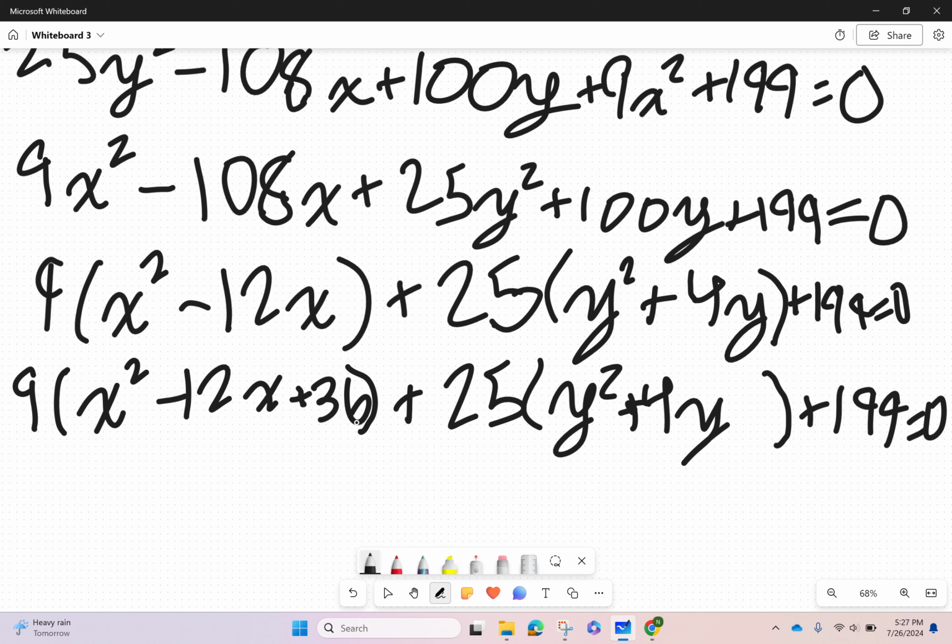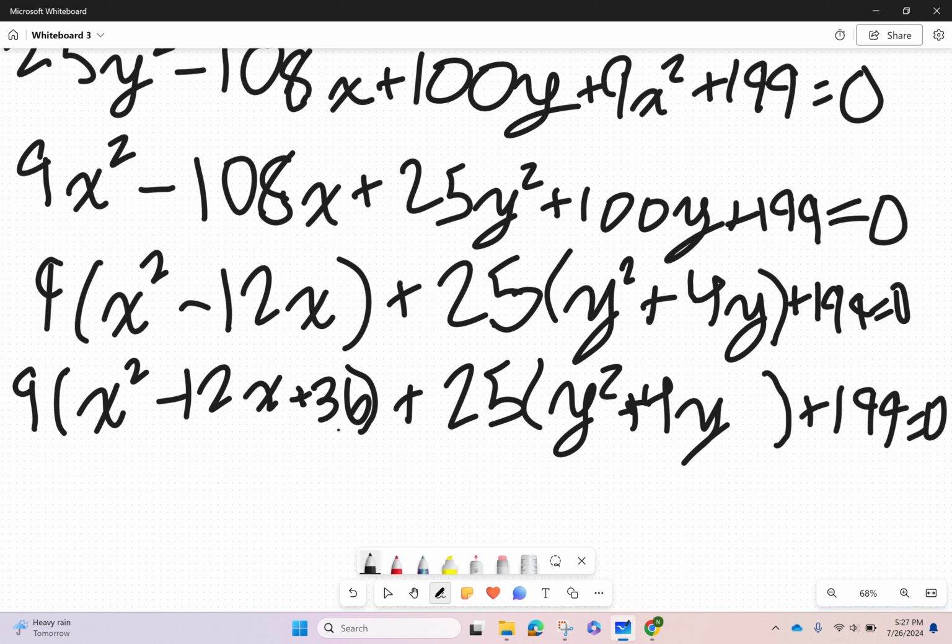So over here, we added 36. So we have to add 36 over here, right? Well, actually, we added 9 times 36 because this 36 is in parentheses. So we really added 9 times 36.